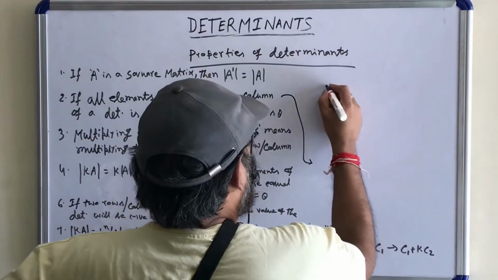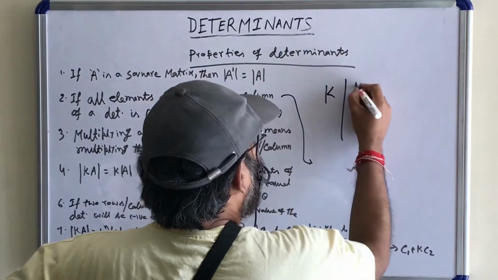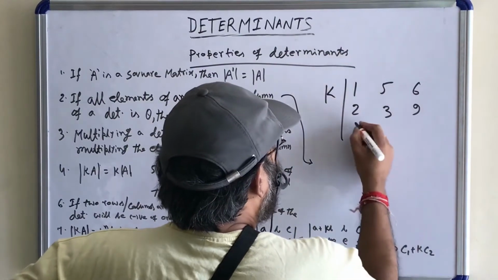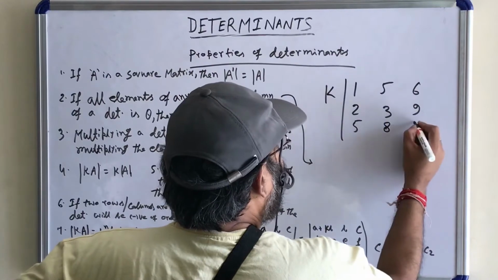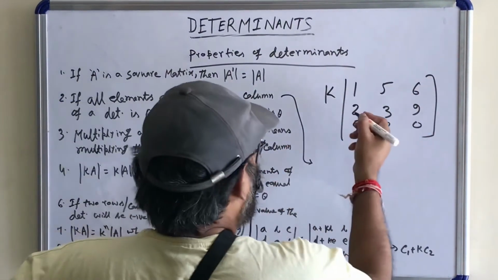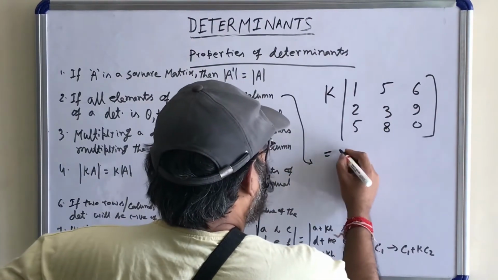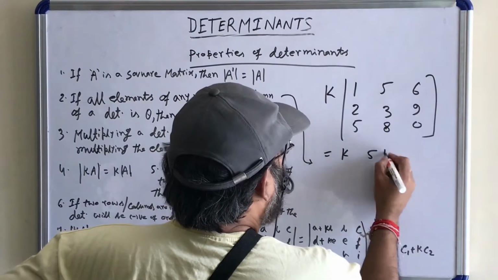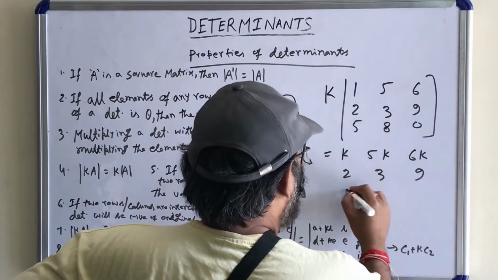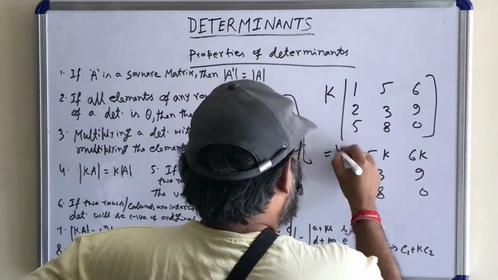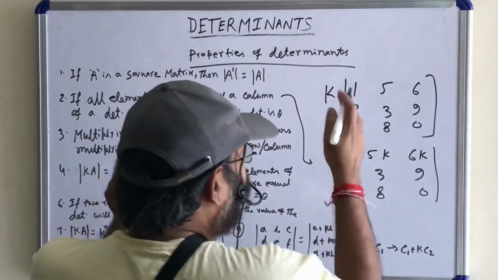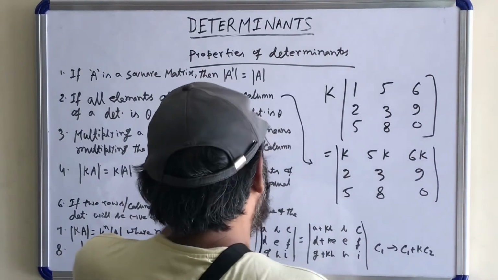Say k is a constant and it is multiplied by the determinant 1, 5, 6, 2, 3, 9, 5, 8, 0. It is equal to k, 5k, 6k, 2, 3, 9, 5, 8, 0. Or you can multiply k with the second row, or with the first column or the second column, anything.